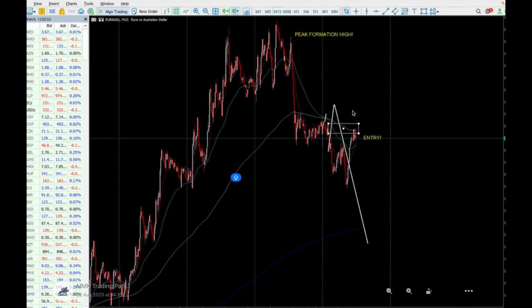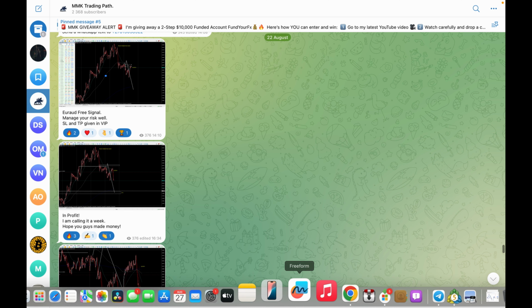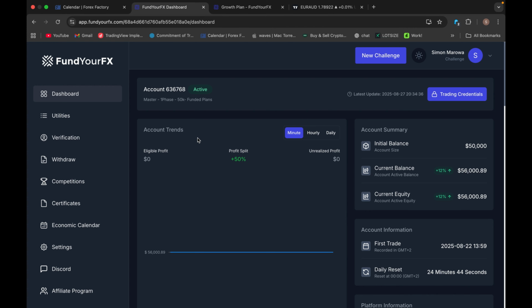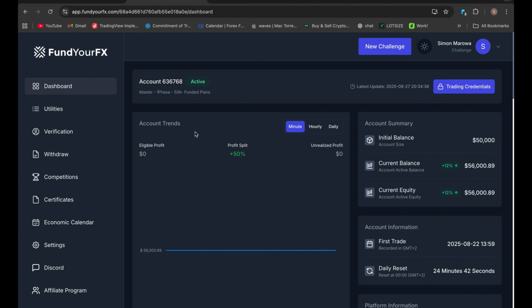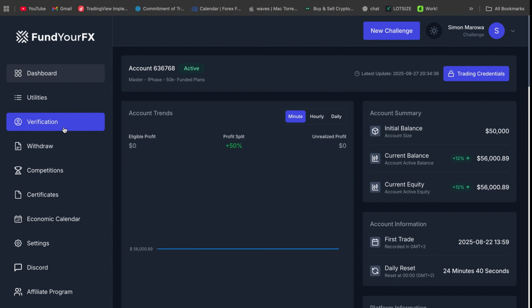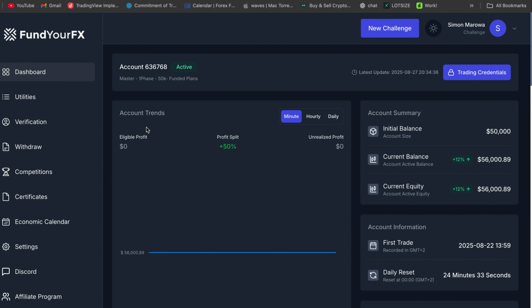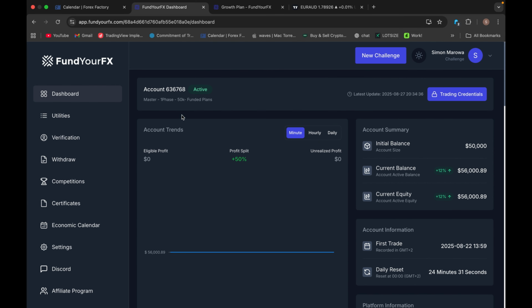I'll break it down for you guys, and I will also be reviewing how I've been trading this $50,000 account with FunjoFX. So I'm basically up 12% on this account.